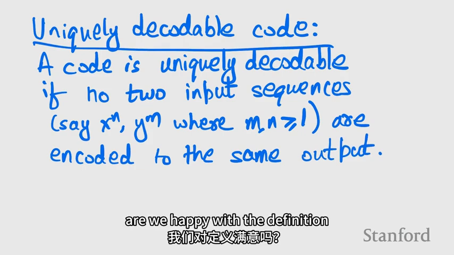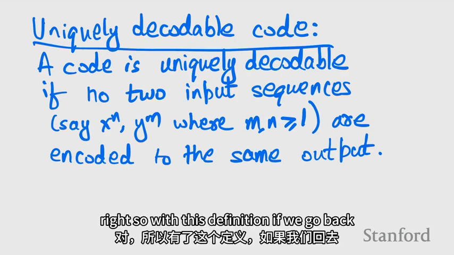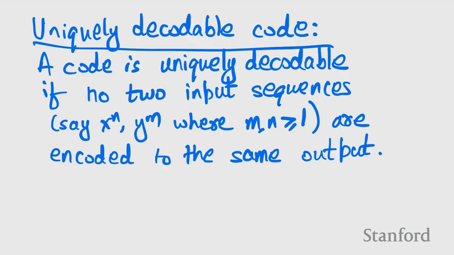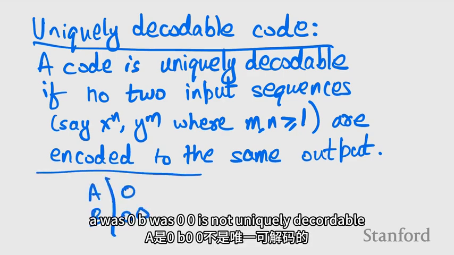Are we happy with that definition? Any questions on this definition? Right. So with this definition, if we go back, the code that we saw, A was 0, B was 0 0, is not uniquely decodable.